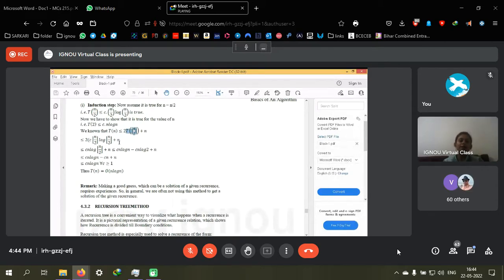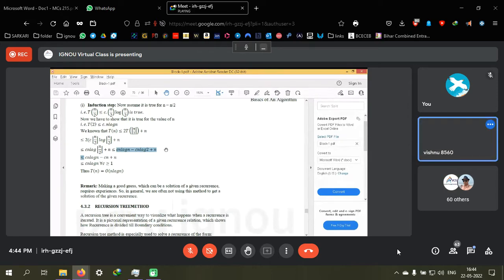We all know that whenever we have division in a log equation, that is equal to the subtraction of those two numbers. So I can write Cn in the bracket log n minus log 2. So I have to multiply Cn with log n and Cn with log 2. So here it is. Any doubt till now?